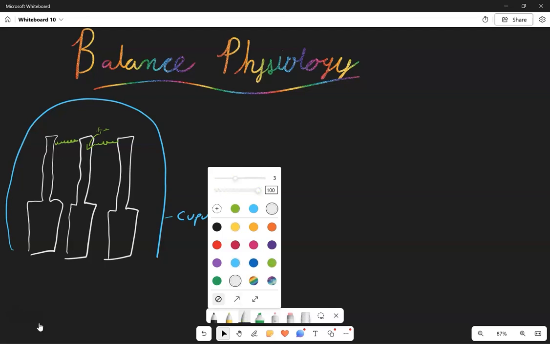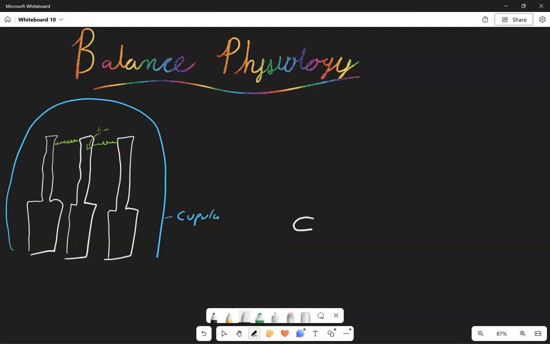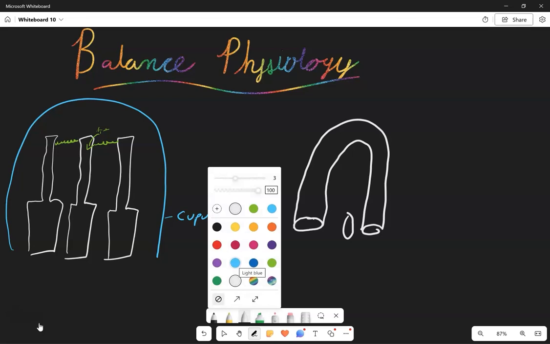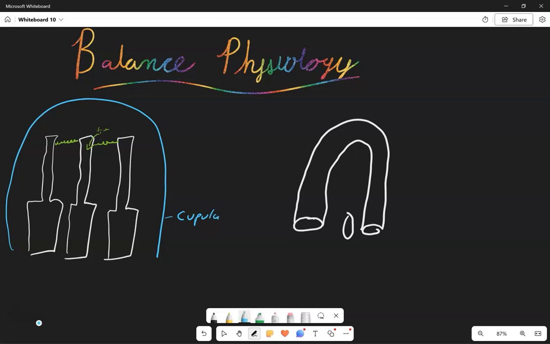So what I'm going to do is draw just two semicircular canals, and remember that they are on three planes. I'm going to draw one like this, and I'm going to draw the other one in blue, just so we have different colors to show the difference between them.